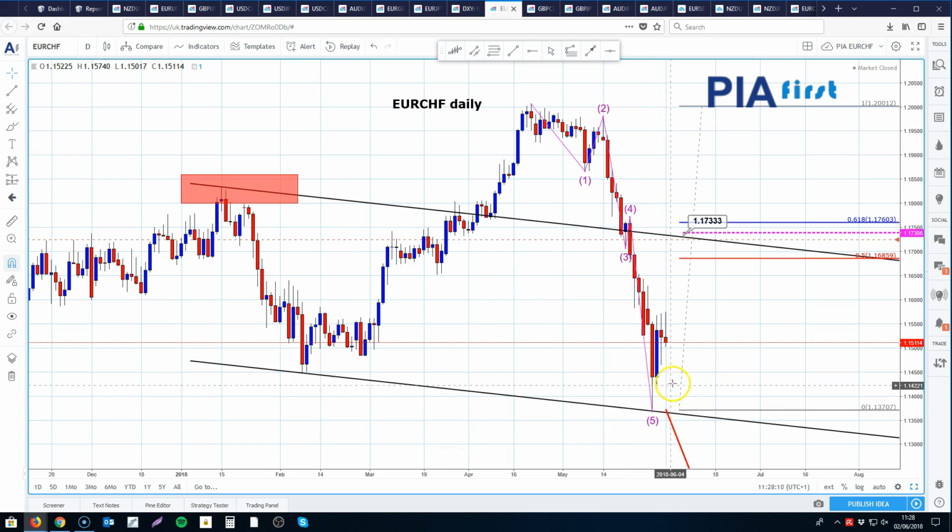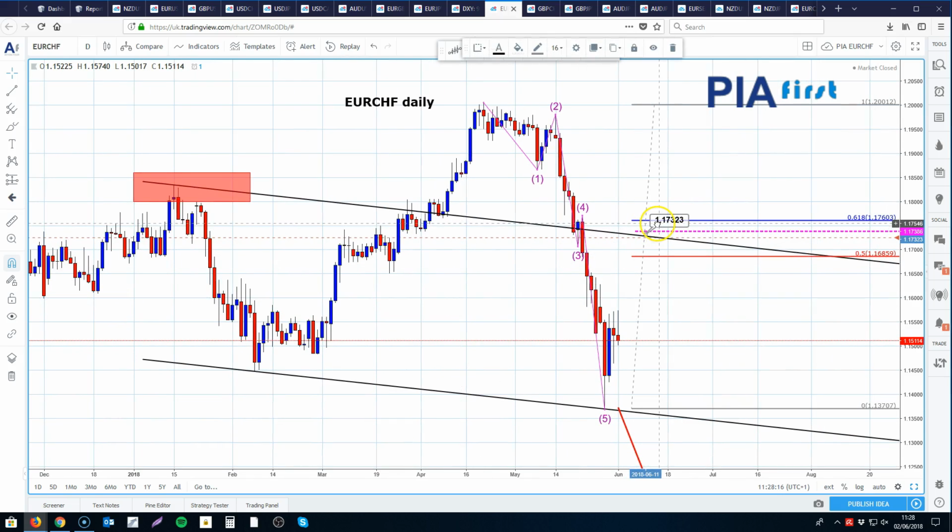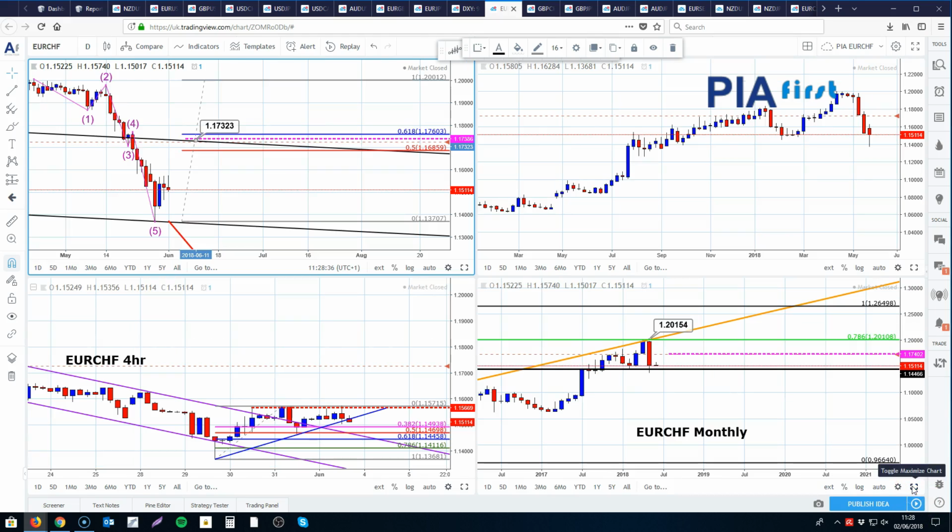And then this corrective, or what we believe will be a corrective move higher. Now, we've got trendline resistance located around 117.30. That's near the Marubozu, and it's also near our bespoke resistance at 117.38. So a corrective move higher in euro Swiss next week, but then looking to sell into that potential rally.